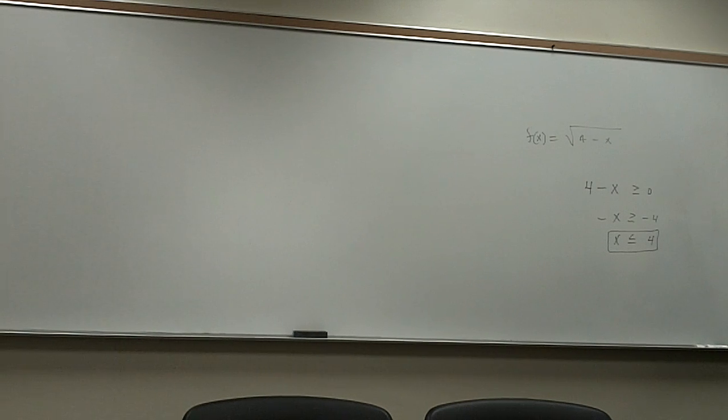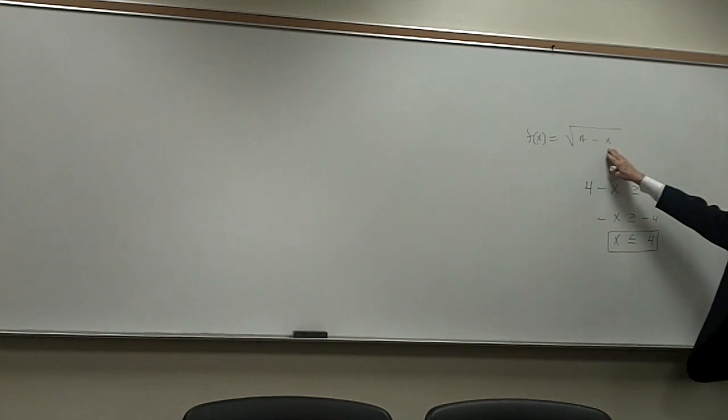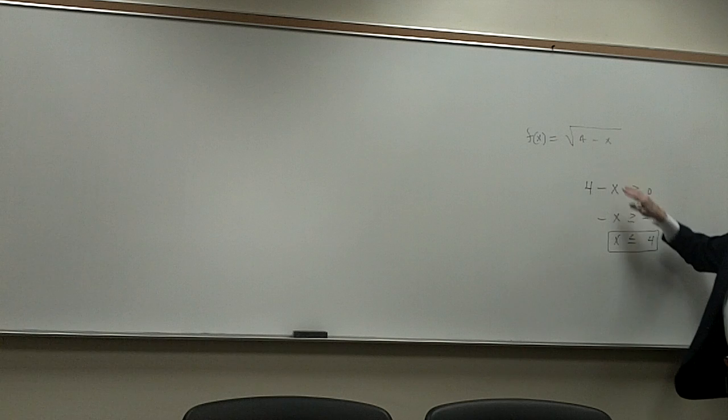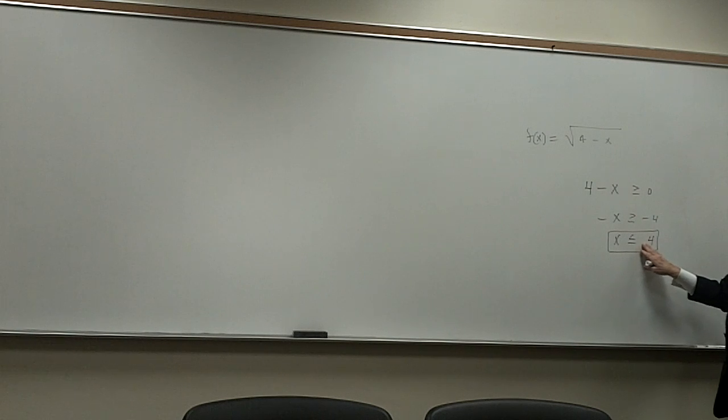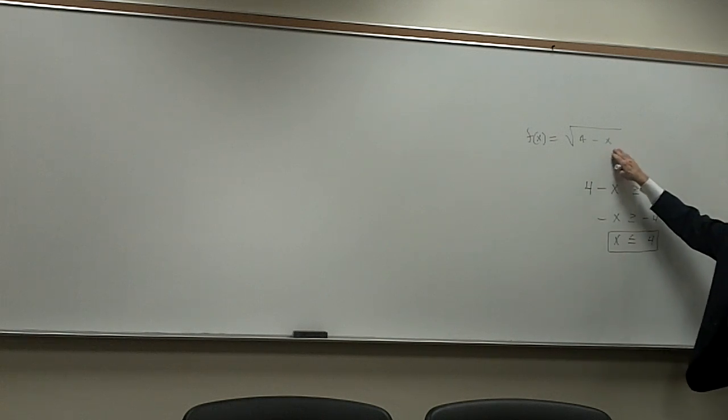How about the range? All real numbers greater than or equal to 0. I thought you said the range for the first one. The range is what? All real numbers greater than or equal to 0, because if you actually put in the numbers here, say if you put a 4 there, that's 0.